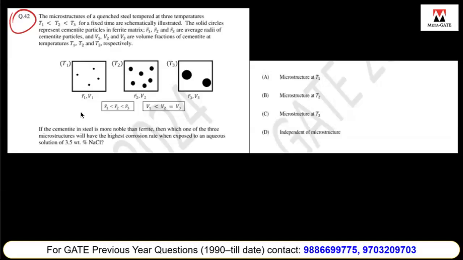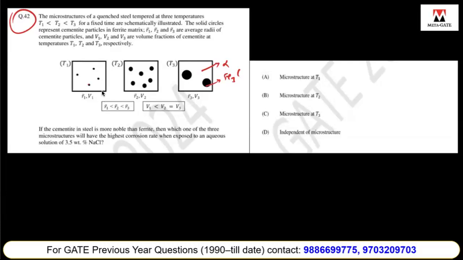So therefore, this is ferrite and this is cementite. If it is very small, this does not affect much. The corrosion rate of steel microstructure when exposed to aqueous NaCl can be influenced by various factors, including volume fraction and size of the cementite particles.